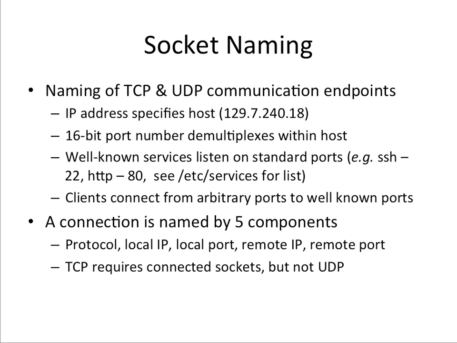So in order for you to establish the connection, as we talked about earlier, you need to be able to name what the two ends of the communication are. And as we said, there are multiple layers in naming. You need the IP address, you need to identify the machine. You need the port number. This is just an identifier, just like you have your PeopleSoft ID, right?